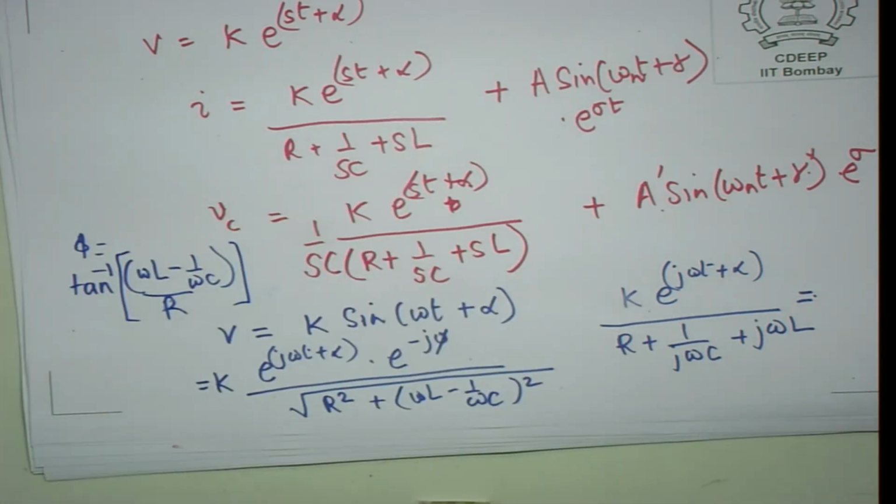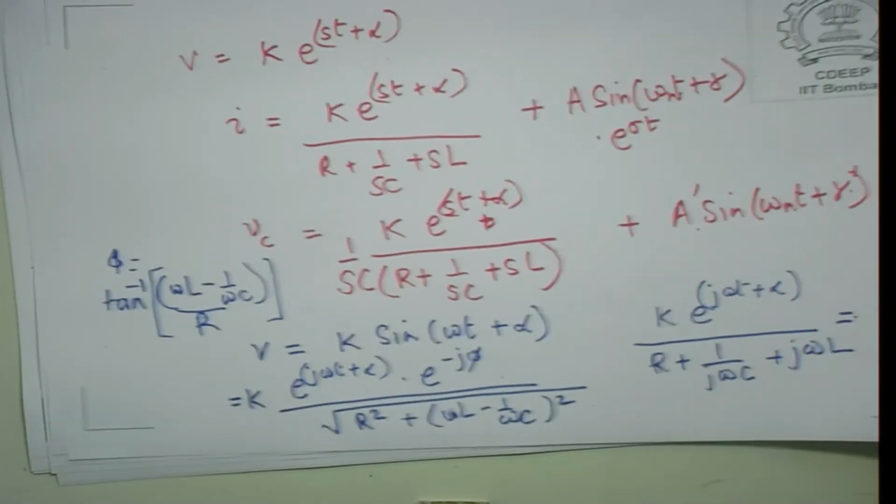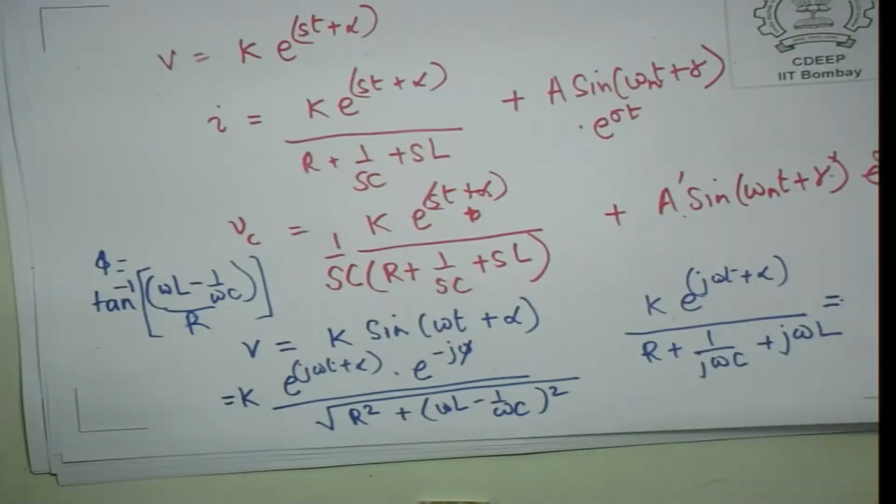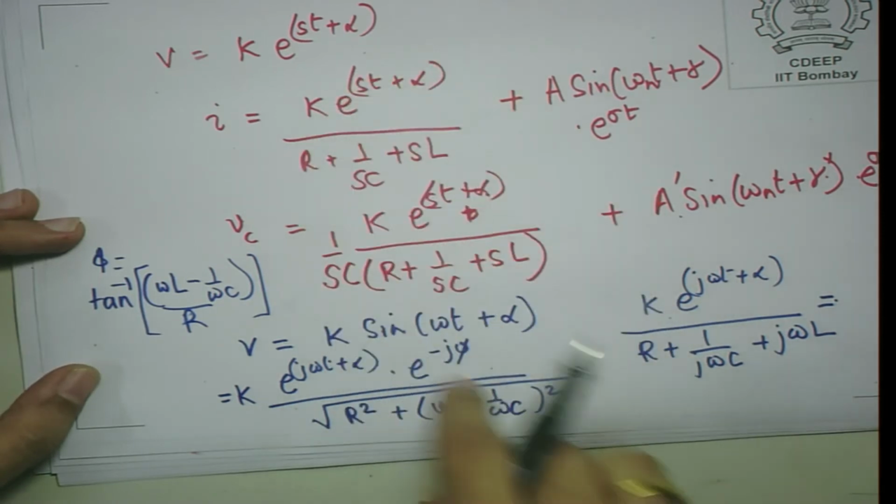So, what you see is that you can get the response. So, what is the final response of the current, the steady state response of the current? If you plug in s is equal to j omega, this is the response you get.